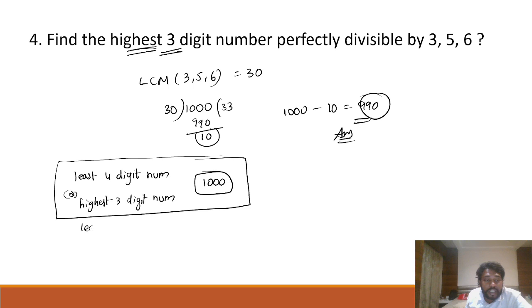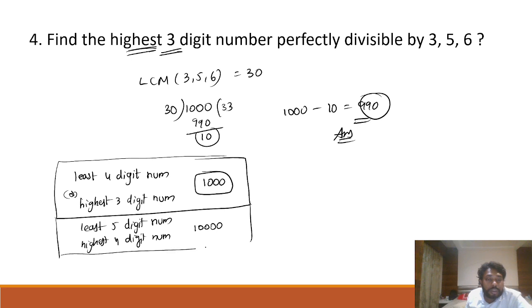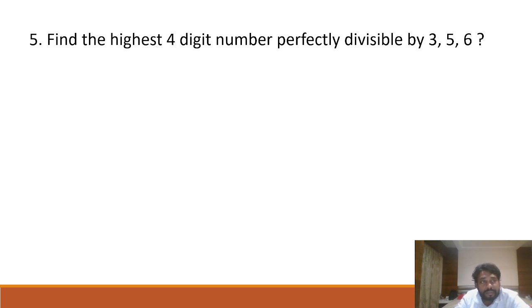Similarly, if he said least 5-digit number or highest 4-digit number, what number are you going to take for calculation, guys? You are going to take the least 5-digit number, which is 10,000. So this is how you need to do these calculations. Okay, let's see the next question, guys.